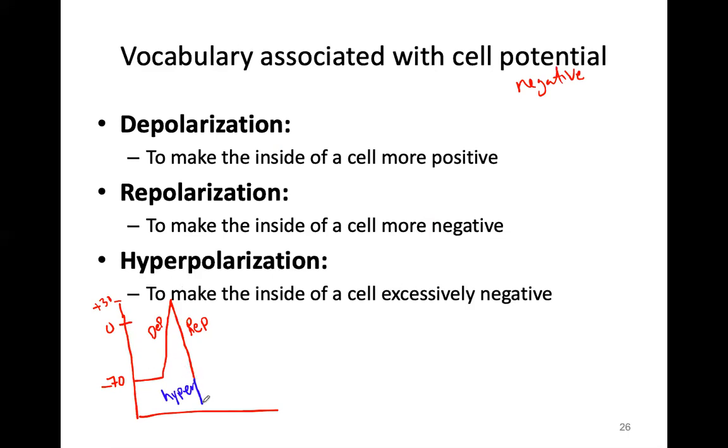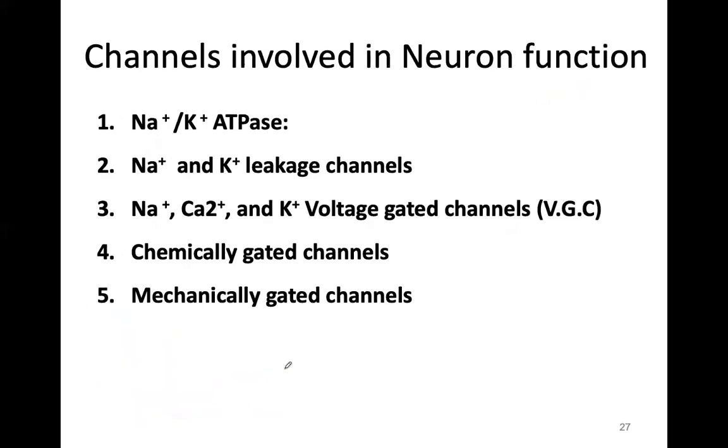Please do keep in mind that regardless of whether you're depolarizing, repolarizing, or hyperpolarizing, your cell's goal is always to go back to that resting potential, which in this scenario is -70.